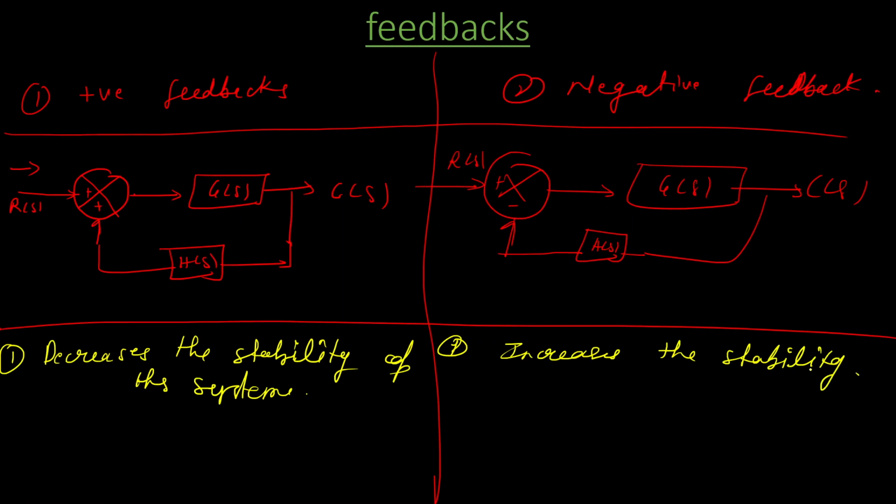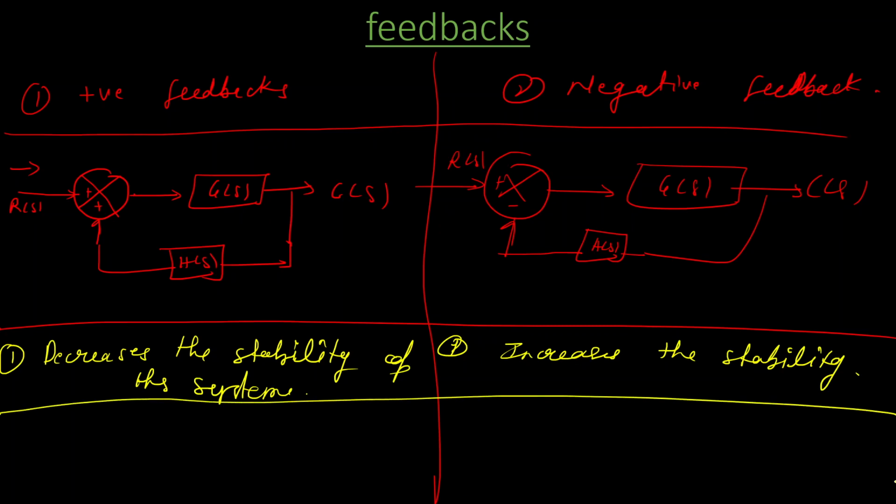How negative feedback increases the stability of the system and how positive feedback decreases the stability of the system will be covered in an upcoming video lecture. But that point should be kept in mind, that negative feedback increases the stability and positive decreases the stability.